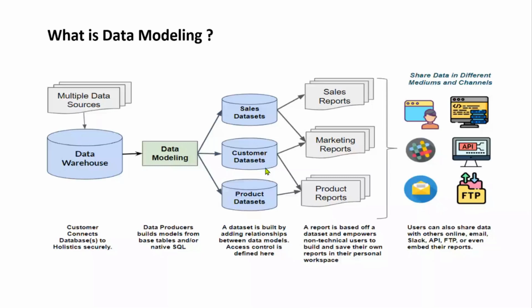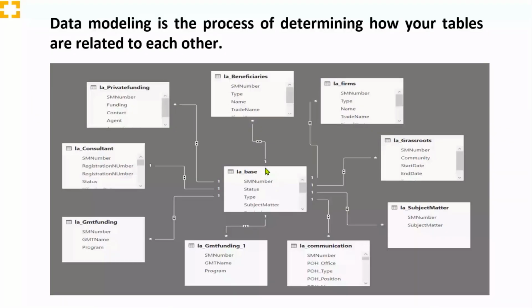Then you can now subsection them into sales, customer, products, depending on whatever dimension it is that you need for your report. Then after this subsection, you can now report and how they are connected, how they are related to one another. That's basically what data modeling is.